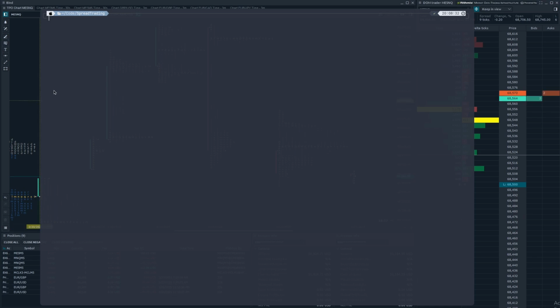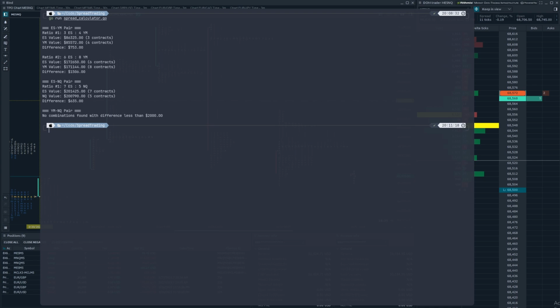Now, I have a program because I'm a software engineer for most of my life, and now I'm trading. So if I go here, I wrote a Go program, and what it does is it grabs the price of the indexes, and it tells me how many contracts I need to get in.